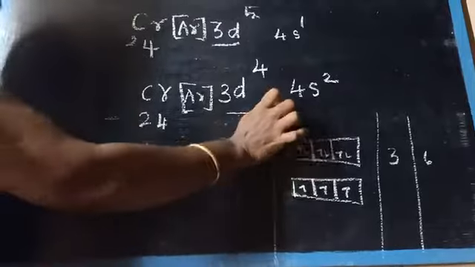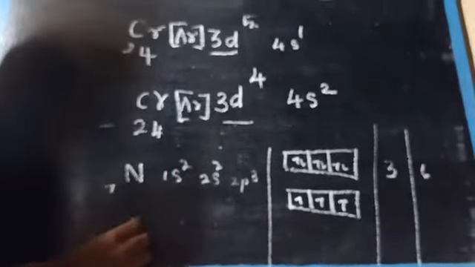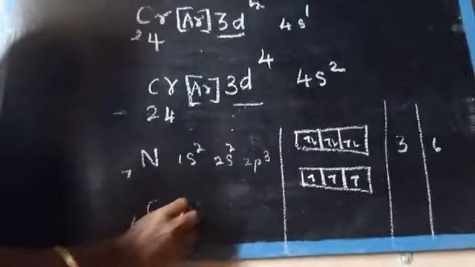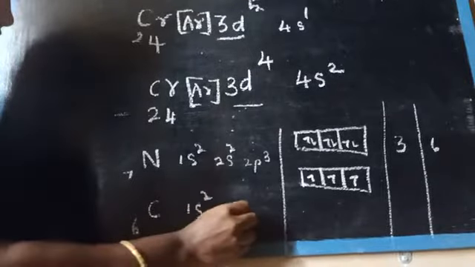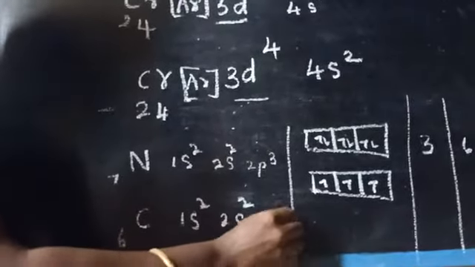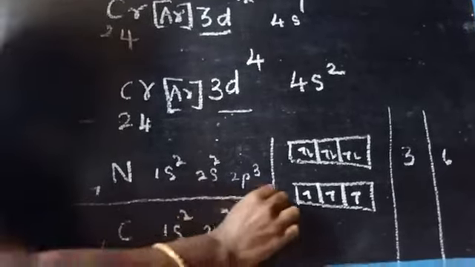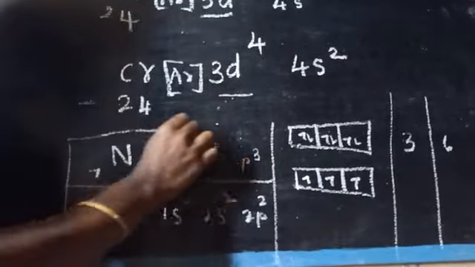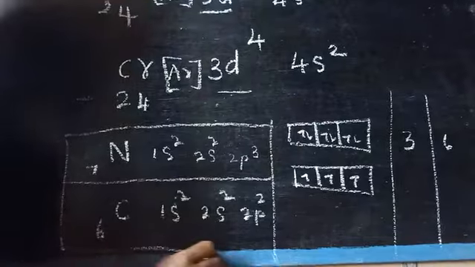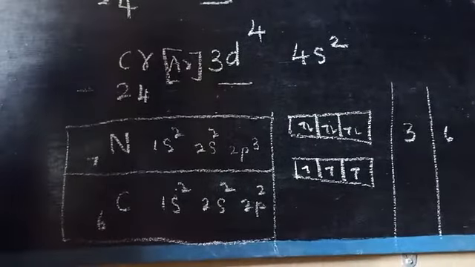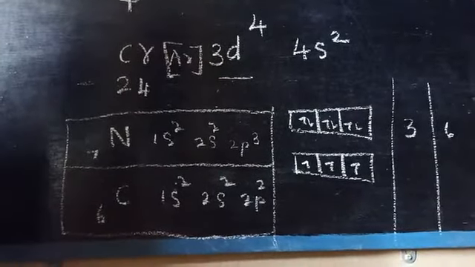Take another example, carbon 6: 1s2, 2s2, 2p2. Which atom is more stable? Can you guess?